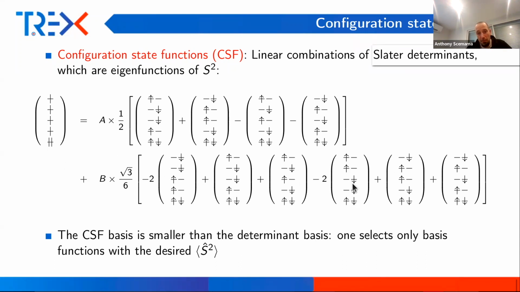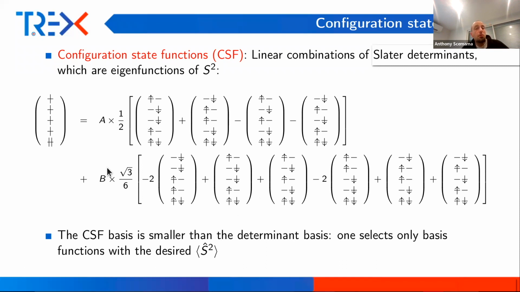So the CSF basis will also help you target a given spin. And if you want to obtain triplets, then you will work with CSFs that correspond to triplet functions. So because here you select the spin you want, you reduce the number of parameters.